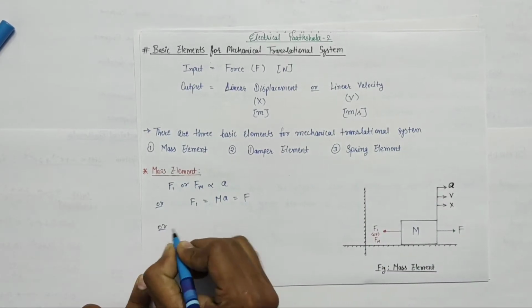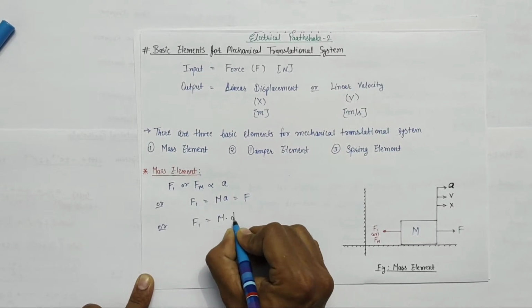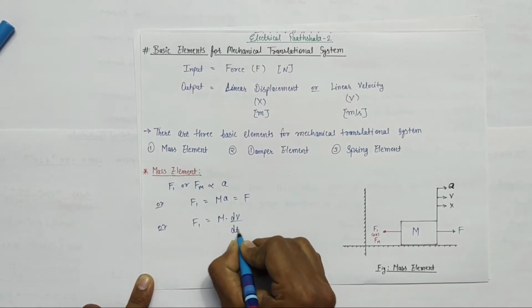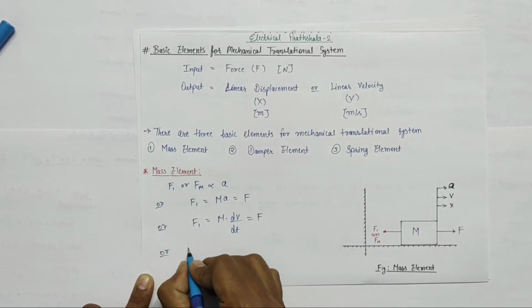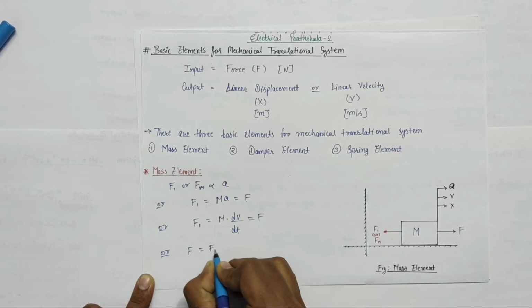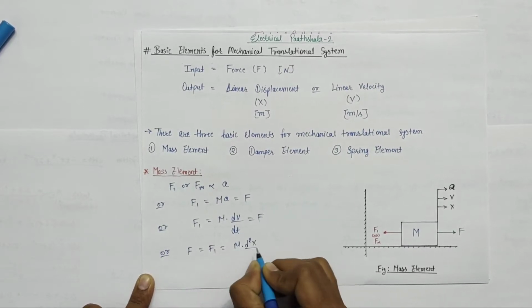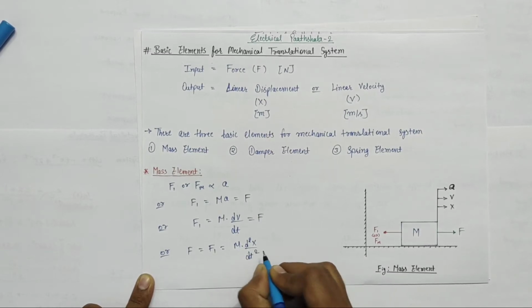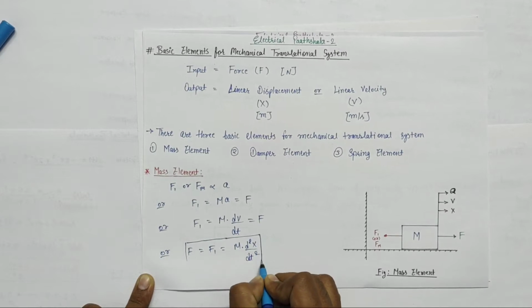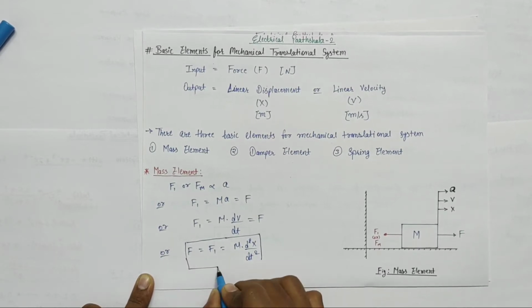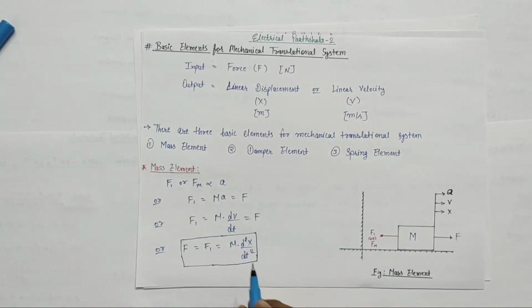Or we can also write it as F1 equals m into dv over dt in terms of velocity, or F equals F1 equals m d2x over dt2 in terms of displacement. So this term in displacement is very important. You should remember it, because we use this term while writing the mathematical model for mechanical systems.